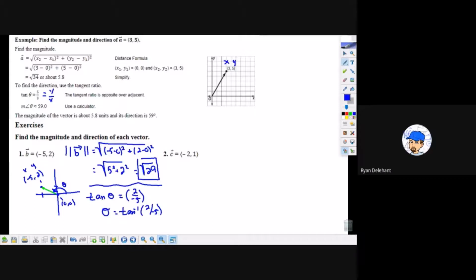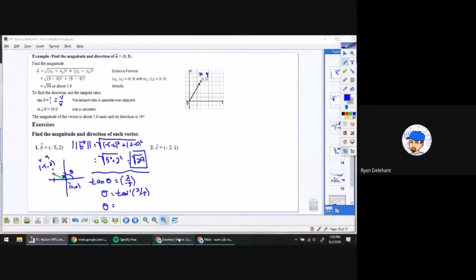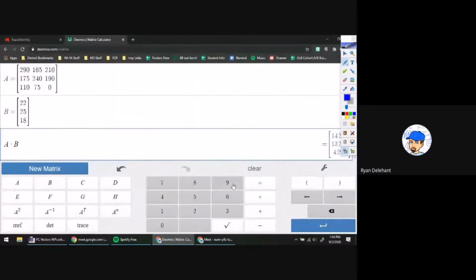And we can plug this straight into the calculator like this, and it's going to give us an answer. So let's flip back to our calculator and plug this in and see what it says. So we are going to click. We got to get out of the matrix one.